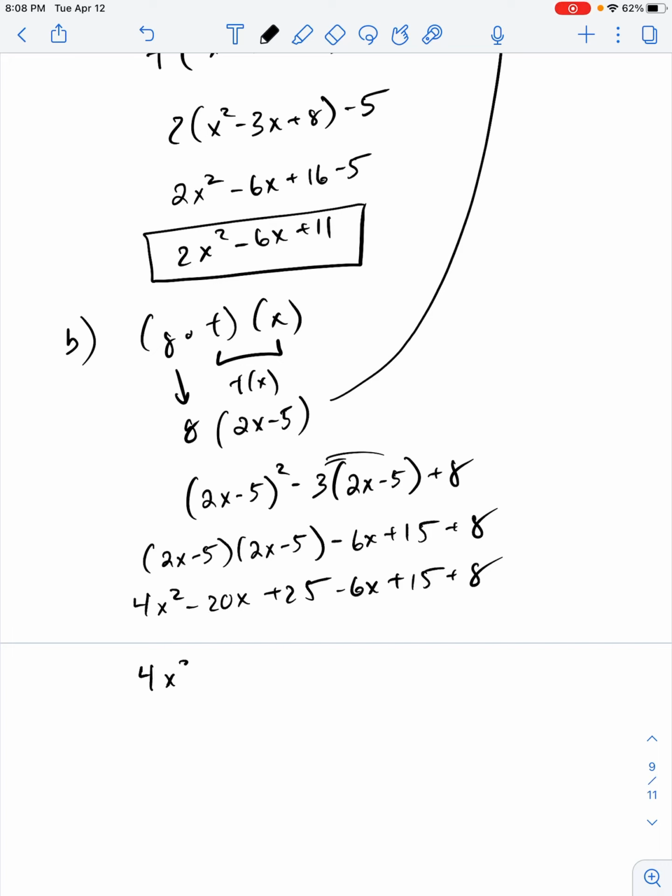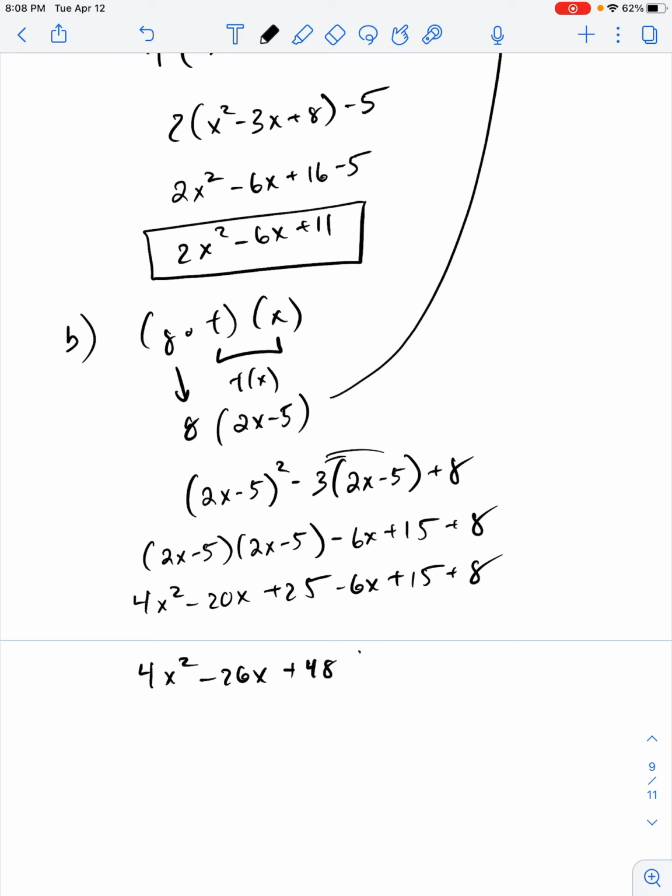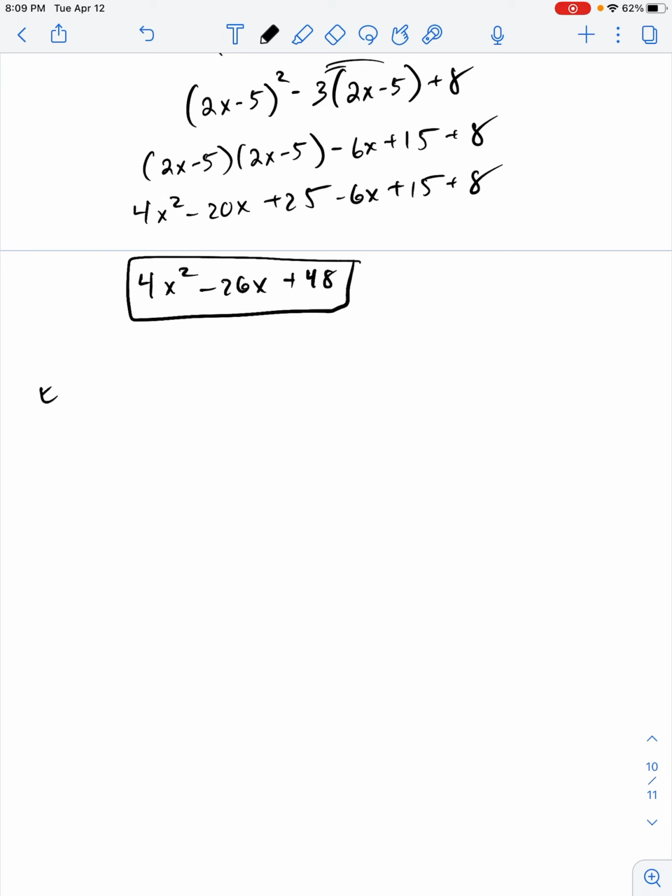And continue to combine like terms. 4x squared minus 26x plus, what do we get? Plus 48. All right, so a nice example. Once again, we can do it with variables. We don't have to have actual numbers there.